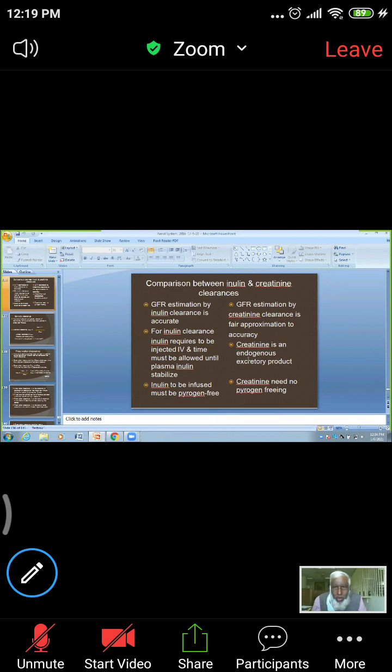This creatinine is an excretable product. It is excreted through the urine. Inulin to be infused must be pyrogen free, but creatinine, as it is produced endogenously, need not be made pyrogen free. This is important to understand.